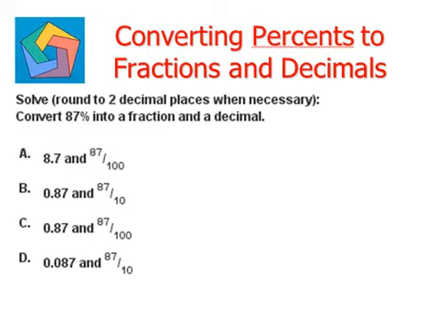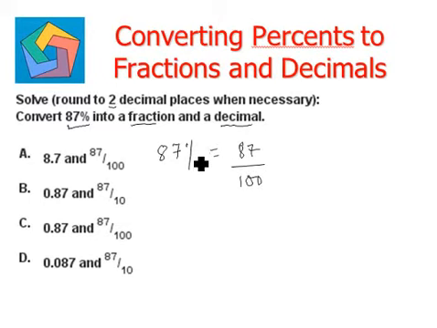The first one says solve, round to two decimal places when necessary, and we have to convert 87% into a fraction and a decimal. Now, whenever a percent is converted into a fraction, in this case you have 87%, all we need to do is divide that percent by 100 and remove the percentage sign.